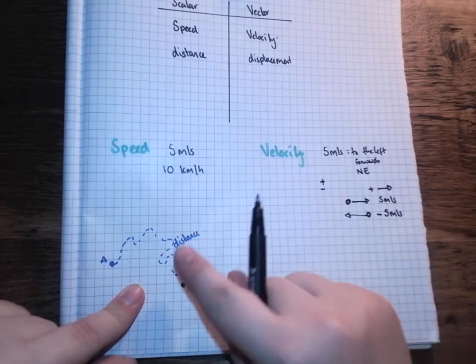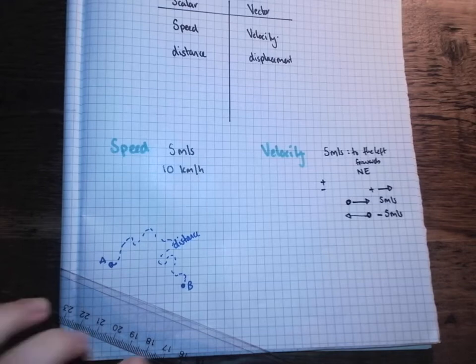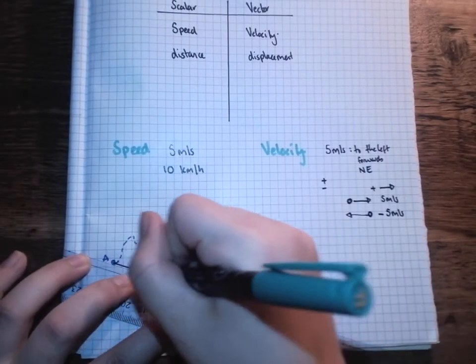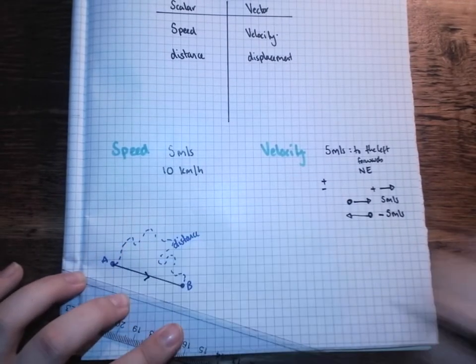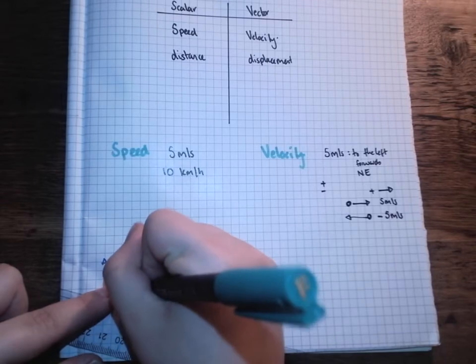That is giving me the size of the way the person has gone. But if I look at displacement, which is the vector, that also tells me the direction. To look at the displacement to go from A to B, I would simply do a line going from A to B, which tells me the direction that they have gone. And this down here is the displacement.